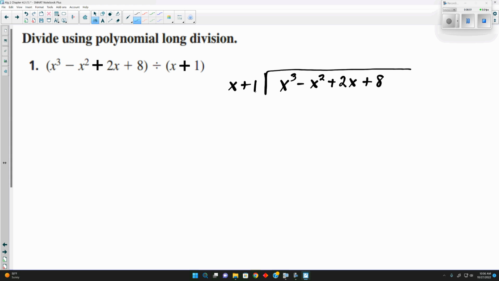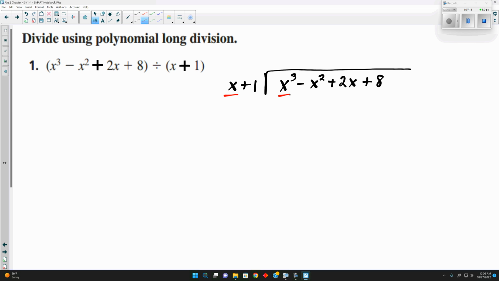Now here's the first spot, it's a little bit different. When we do the division, we're wanting the first term to cancel out completely. So the first main question we have when we divide is what times x will give me x to the third?